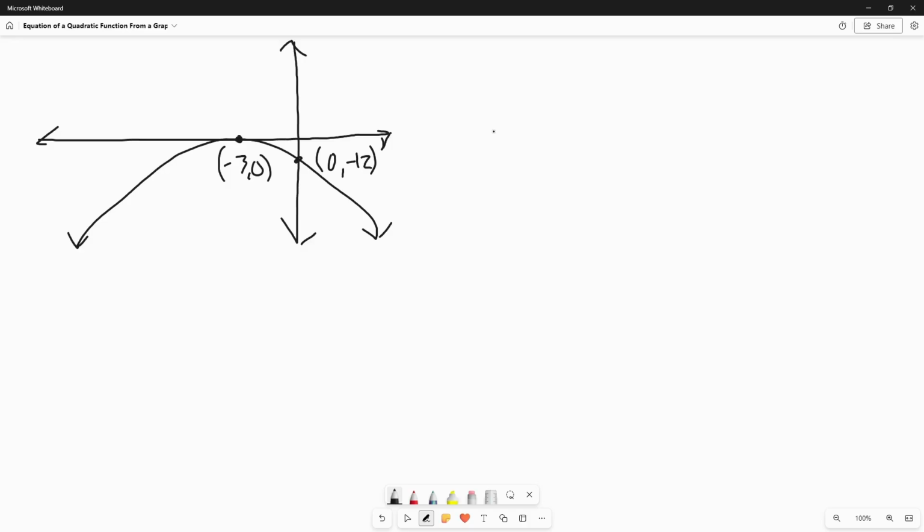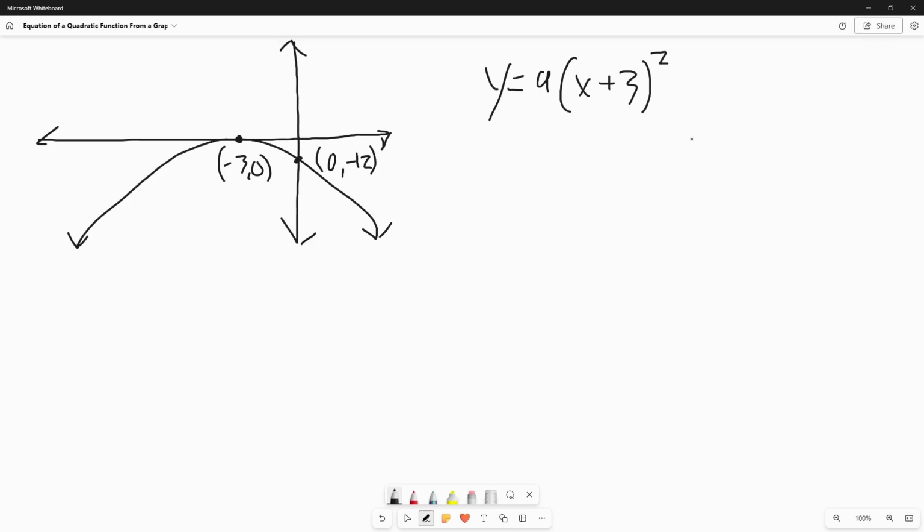But for this graph, we're given the vertex, which is negative 3, 0, and we're given the y-intercept, which is 0, negative 12. So for this one, we can use the vertex to plug it into vertex form. So y is equal to a times (x minus negative 3), which is just x plus 3, squared, and then plus 0.